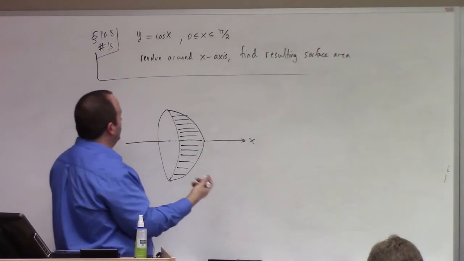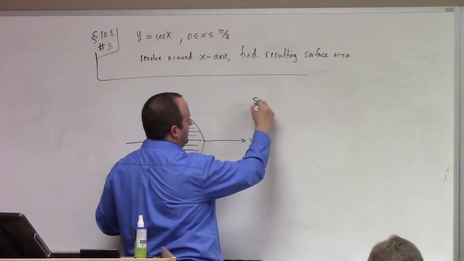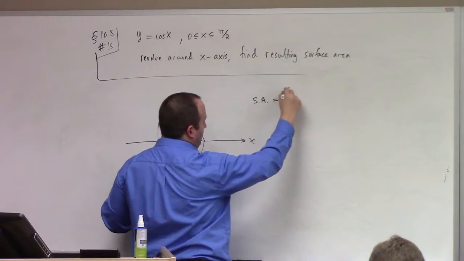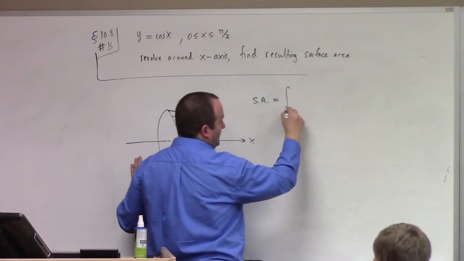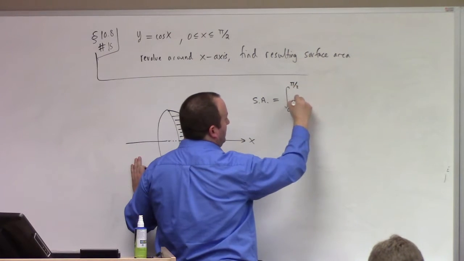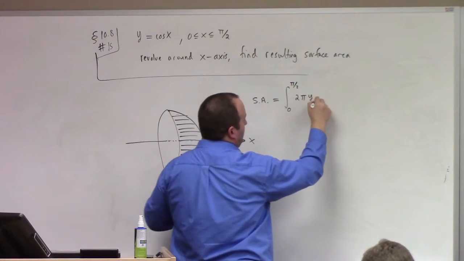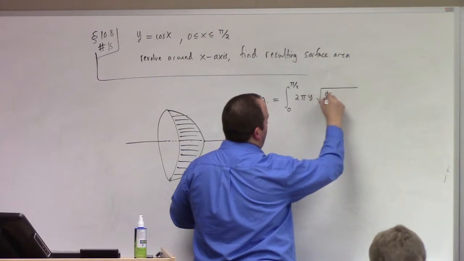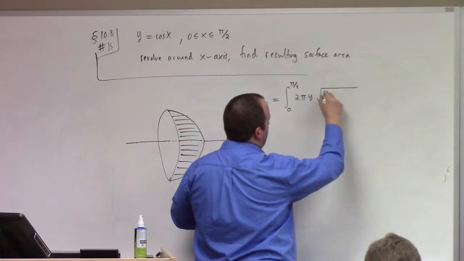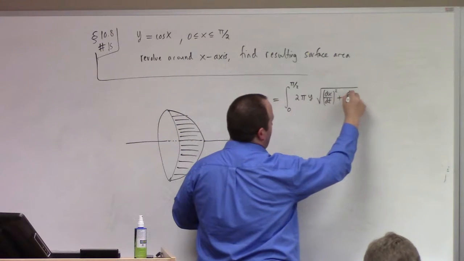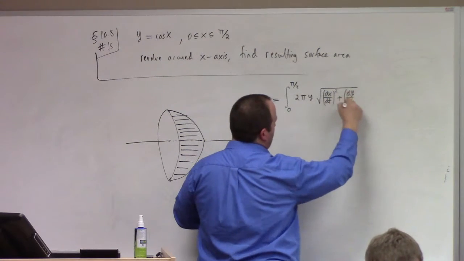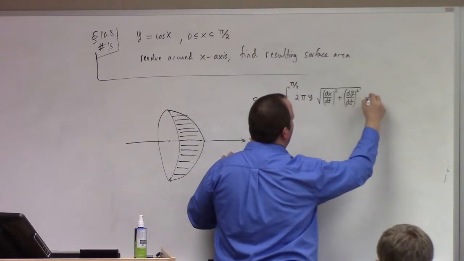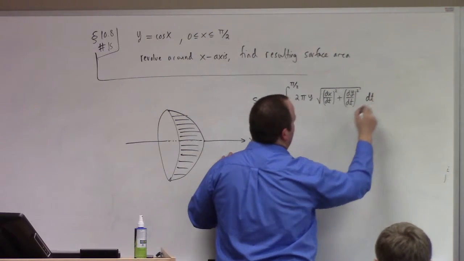Now, we worked that out. We said that the surface area should be equal to the integral from 0 to pi over 2 of 2 pi y times the square root of (dx/dt) squared plus (dy/dt) squared.